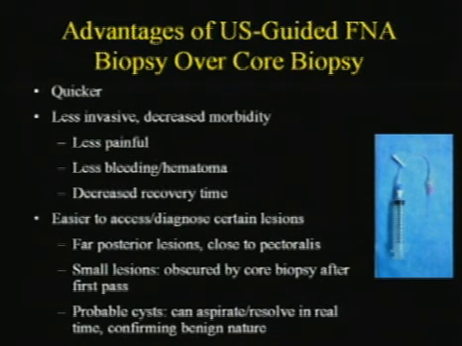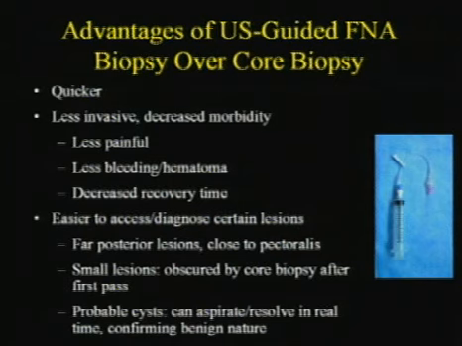For lesions that are very close to the chest wall and close to the pectoralis, there's less risk of causing a pneumothorax because there's not the throw that you have with a core biopsy. Also, small lesions can be obscured by core biopsy after the first pass, but with this technique, that should not be an issue. Also, oftentimes we biopsy probable cysts or cysts with debris.